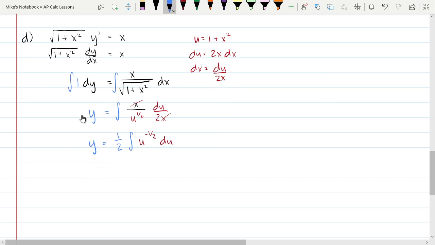All right, so now we can finally integrate, and we get y equals 1/2 times, so this is going to become u to the 1/2 divided by 1/2 plus c. Those 1/2s actually cancel each other out, and I get y equals, I'm going to go ahead and replace the u again, so I get the square root of 1 plus x squared plus c.